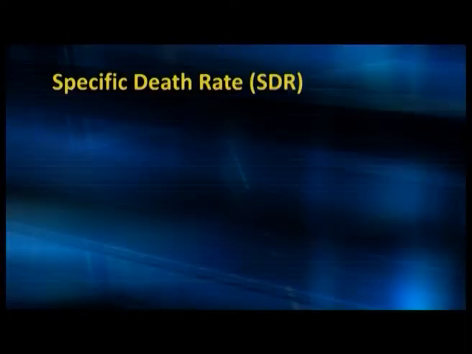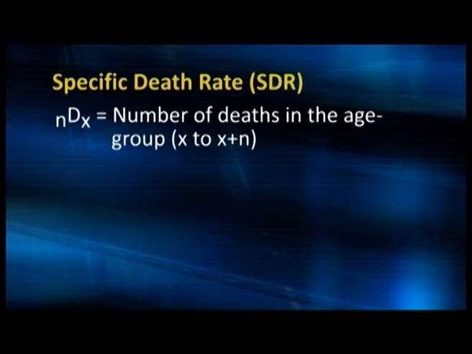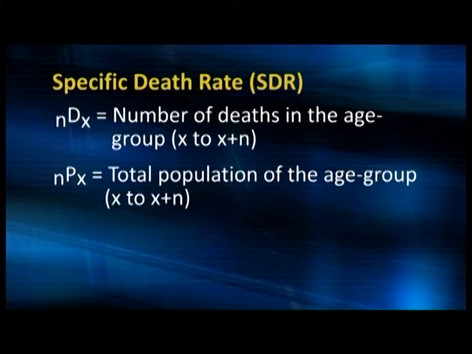The age-specific death rate is mathematically formulated as follows. Let the number of deaths amongst persons with age x or more but less than x plus n, in a given region during a given period t, be counted. The total population of the age group x to x plus n is denoted by nPx.